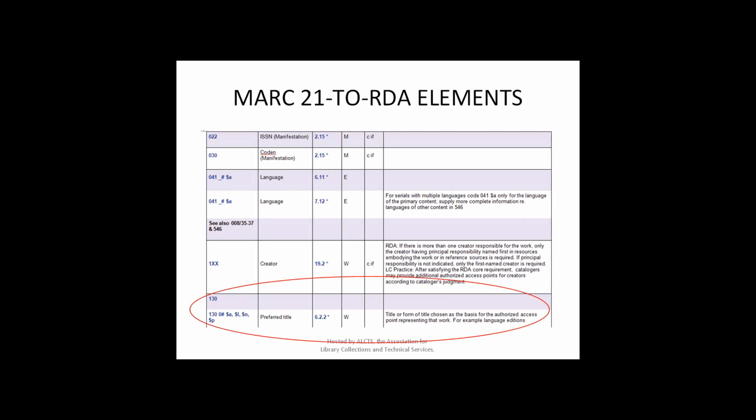That was something that the CONSER standard record did away with, but we are now going back to that practice of creating a unique authorized access point if the description of the serial does not have a creator in the description.